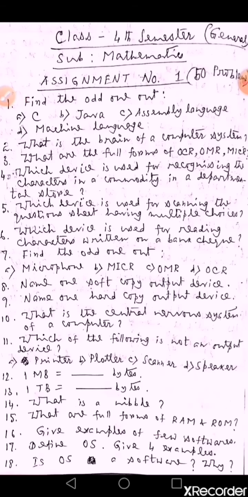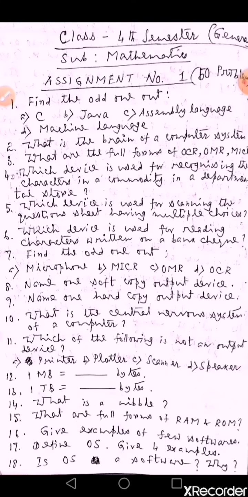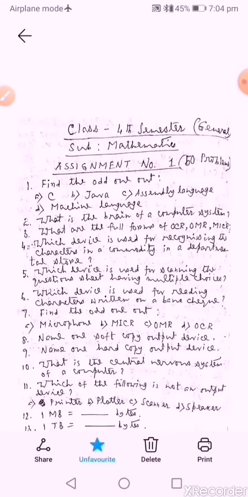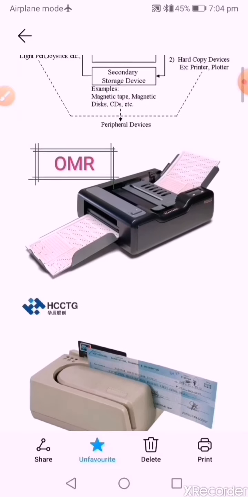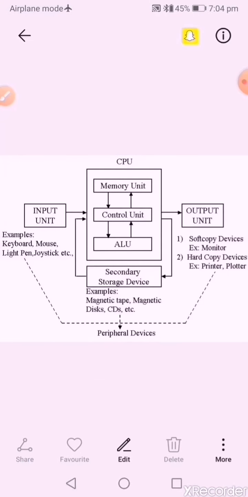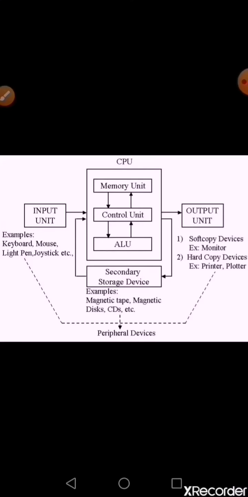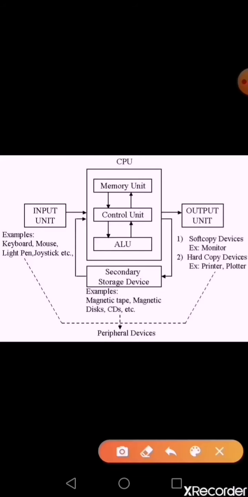What is the brain of a computer system? The answer is CPU, that is Central Processing Unit. As it is clear from this picture, there are basically three typical units in a computer system.